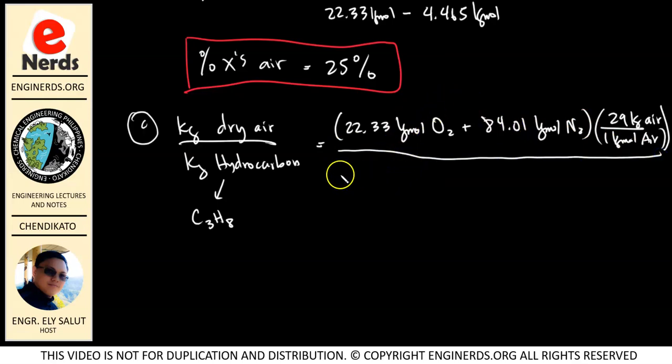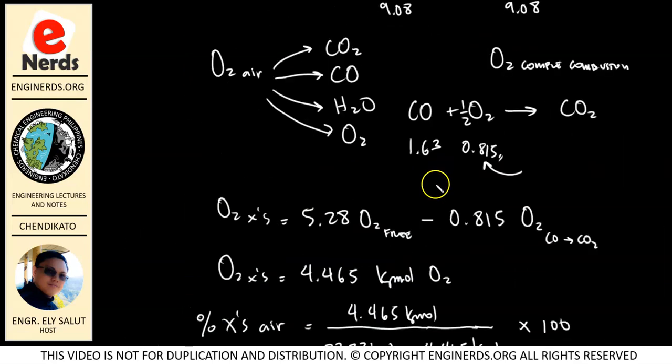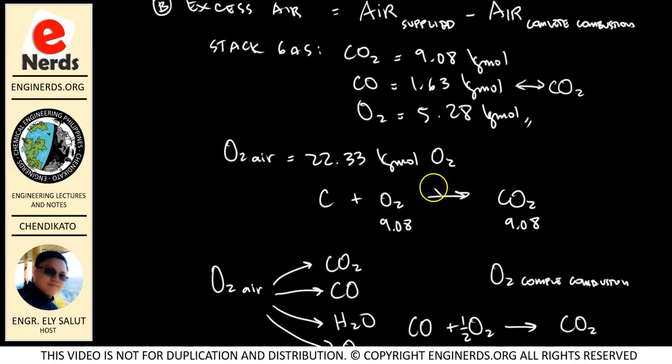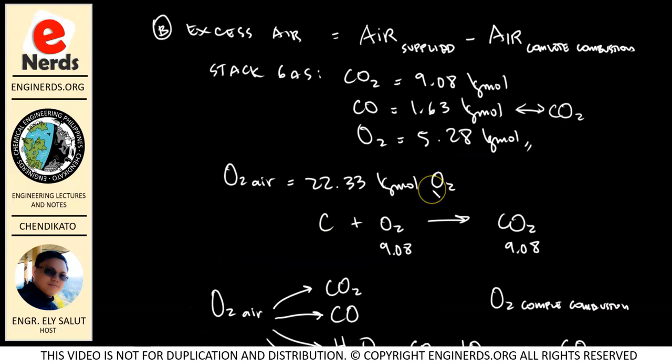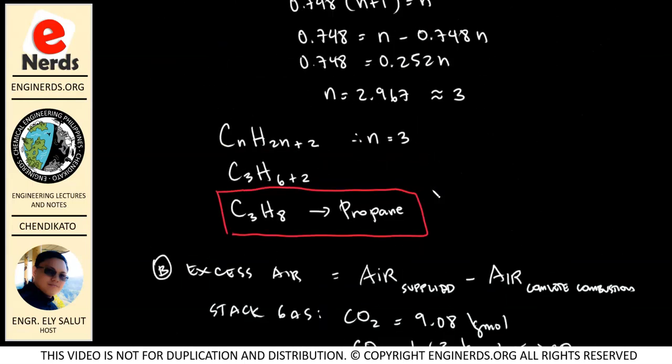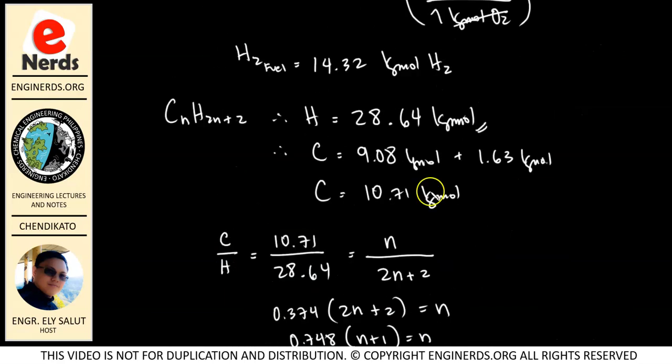Okay, so kapag multiply natin yan sa kanyang molecular weight, you will get the weight of air. So, we will do the same sa ating hydrocarbon. Meron lang naman tayong hydrogen and carbon. So, gaano karaming carbon meron tayo? Okay.